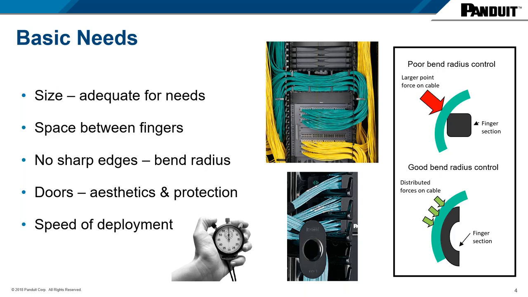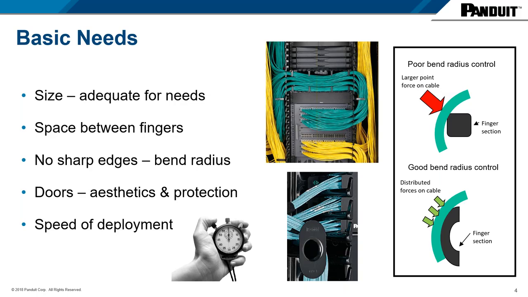And the last basic need is the need for speed. We all know time is money. Telecom rooms and data centers often require very quick startup or modification. When time is very important, you need products that can be deployed very quickly. Optimal solutions require limited or no assembly at all. Simple and easy installation is always key.